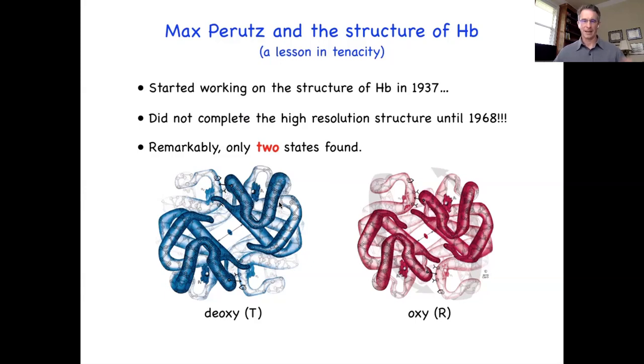We'll talk about that in class, right? But okay, it is what it is. That's what people saw. Only the deoxy and oxy state. The only structural differences really between them are in the oligomer interface. Specifically, those changes are between the so-called alpha 1 beta 2 and alpha 2 beta 1 interface.